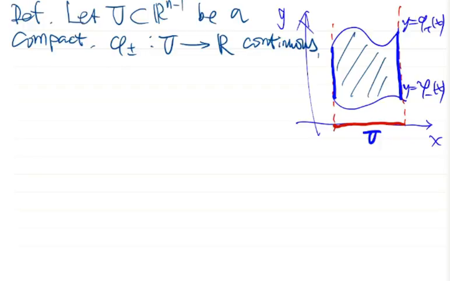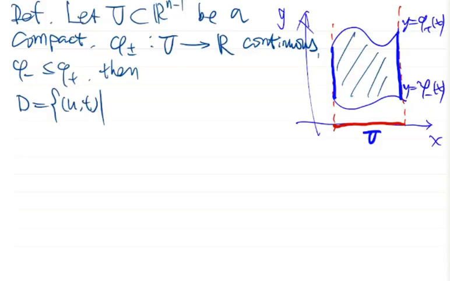But for simplicity, we require them to be continuous, and also phi minus not greater than phi plus. Then such a domain D, such a subset D, consisting of (u, t), u belongs to U, and t belongs to the interval between phi minus and phi plus.